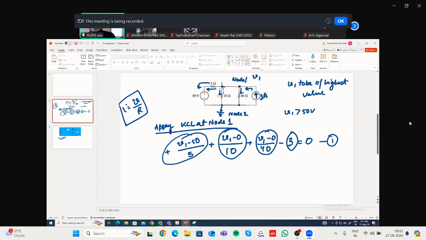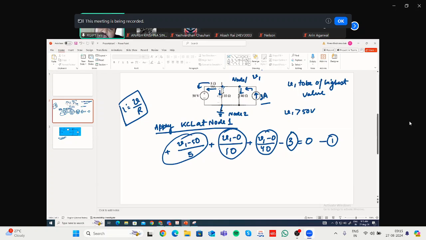No need to write this kind of V by R equation for the current source. V by R is for those branches where there is a resistance or some other element, using Ohm's law, V equals IR. But when the current source is given, there is no need to write this equation.